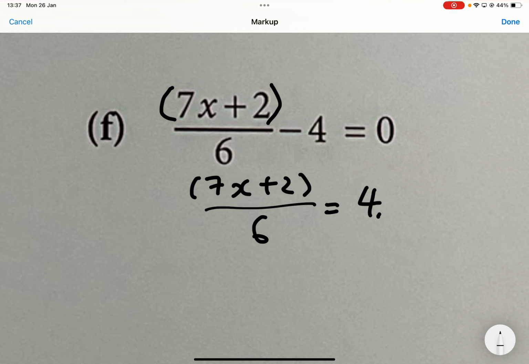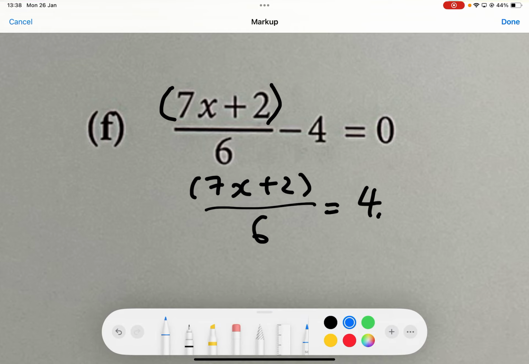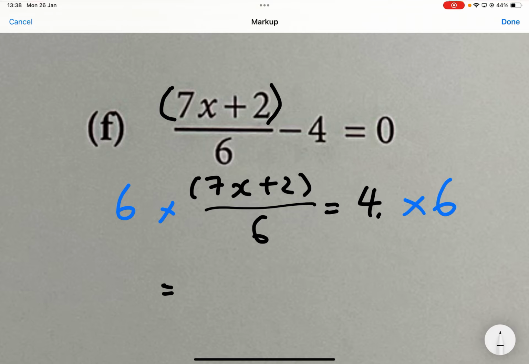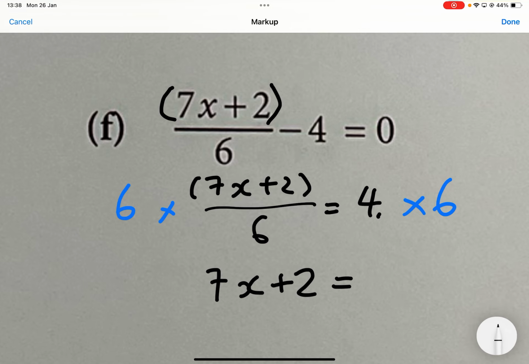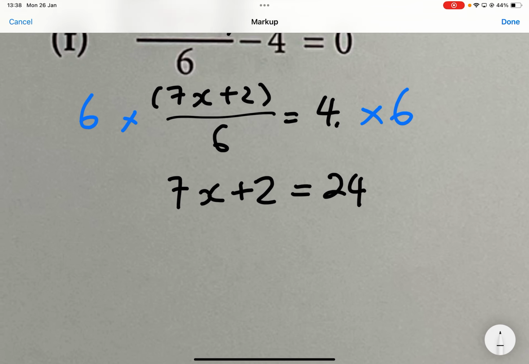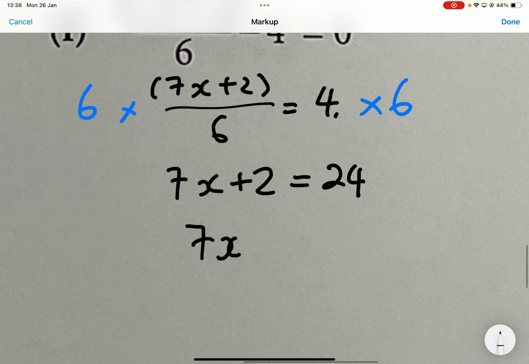How do I make it not a fraction? Yes. No longer a fraction. Four times 6, 24. I only want the x, I don't want the number. Number throw the other side. Plus 2 go the other side will become minus 2.